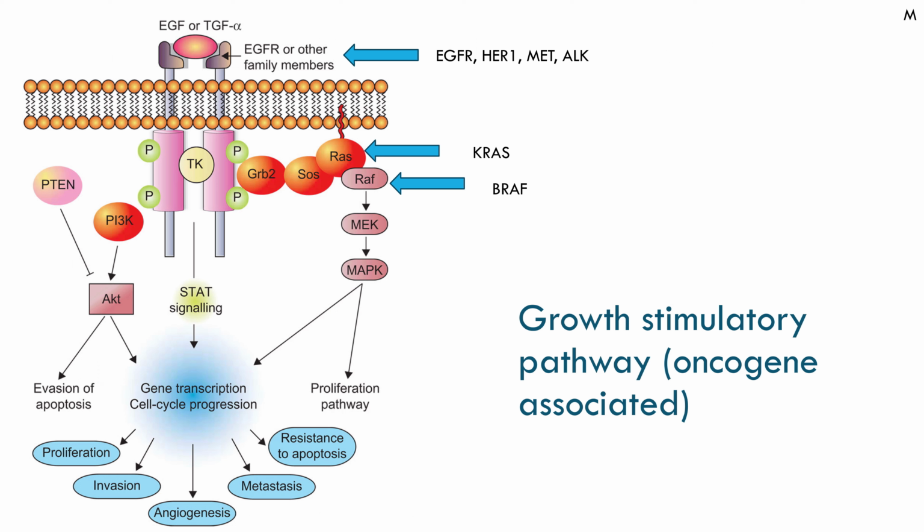In fact, when the receptor is signaled, this complex activates a cascade of downstream activity. From the RAS, we have this RAF, MEK, MAPK pathway, all of this going into gene transcription and cell cycle progression. We don't talk about it here, but we had mentioned PTEN, PI3K, and AKT. They're also involved in this cascade.